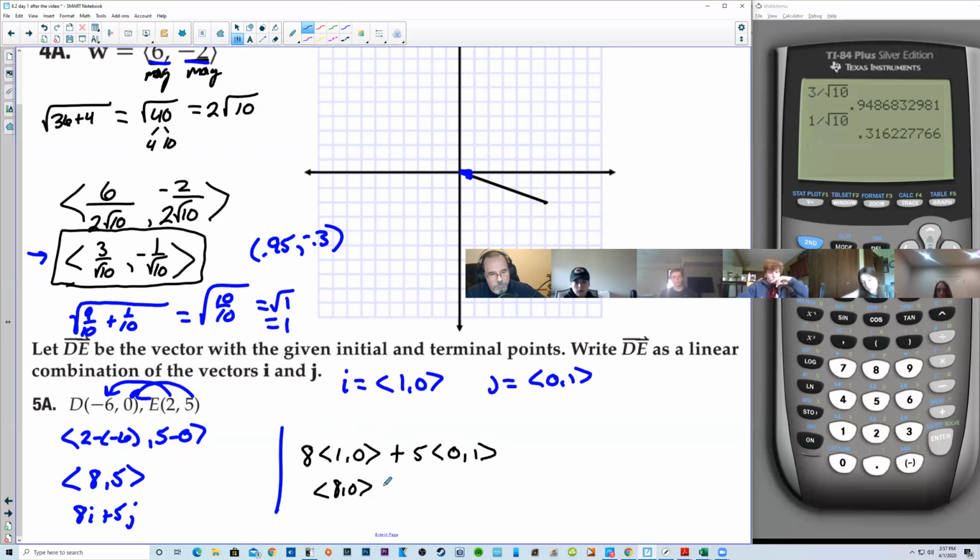Multiply 5 times this, that's 0, 5. And the way you add two vectors together is you add the x's and you add the y's. So 0 plus 8 is 8. 0 plus 5 is 5. So there we get 8, 5, but using i and j. This is the i, that's the j. That's it. So over here on this side is all you really have to do. But this is the whole process right there.